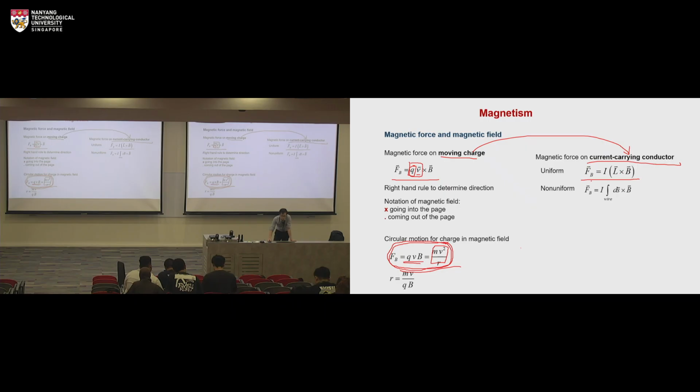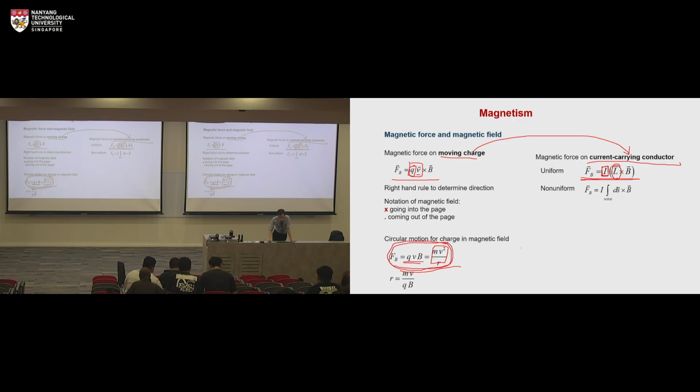And for this formula, one thing you need to take note of is how we define this vector L. First, the magnitude is just the geometric length of the wire, and the direction of the vector L follows the direction of I. So this is how we define the vector L.